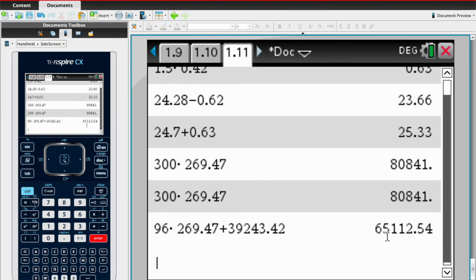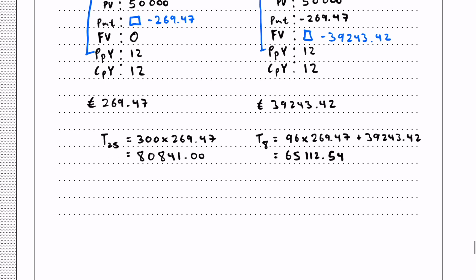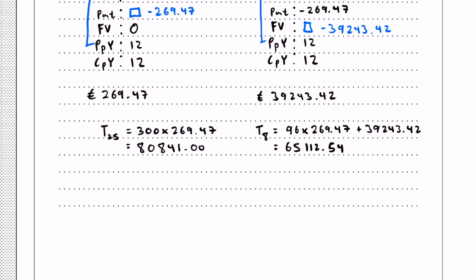And in this case, the total amount would have been $65,112.54. So let's write that out. $65,112.54. All right, good.